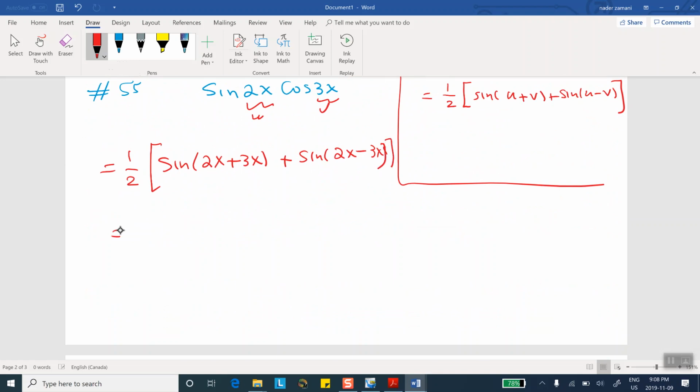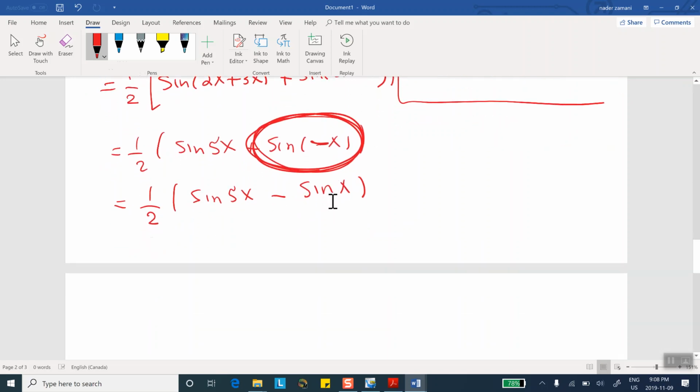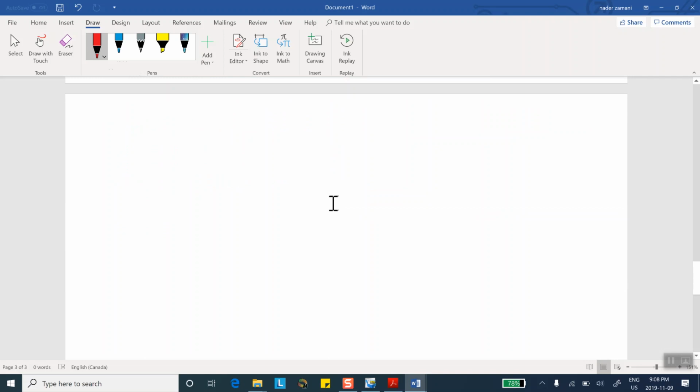Okay, clean it up. 1/2 sine of 5x plus sine of minus x. This is fine. There's nothing wrong with it. But if you looked at the book, and if they did have an answer, they would write it like that, minus sine x. Because remember, sine x is an odd function. If there is a minus sign here, you can bring it out and put it right in the front. Okay, let's do the next one. 56.